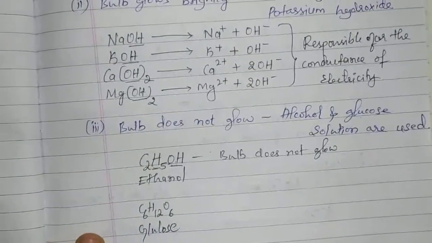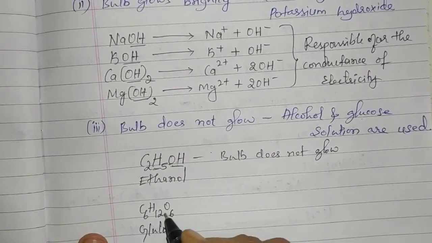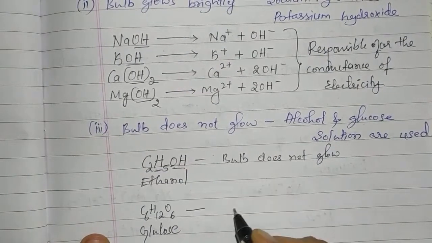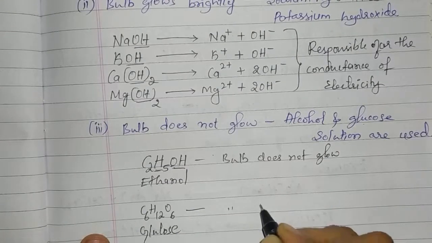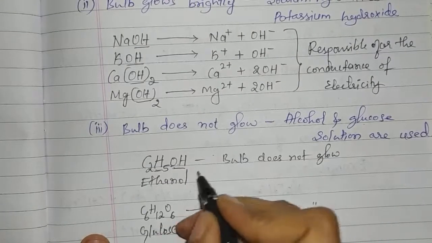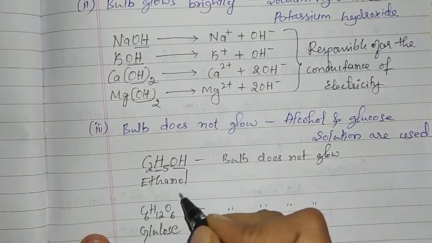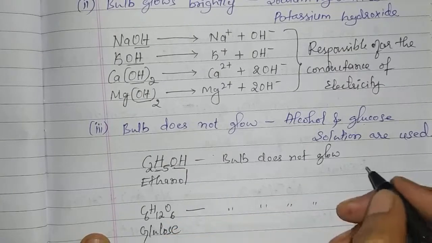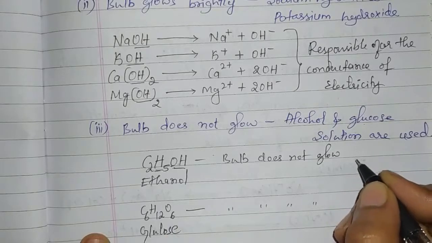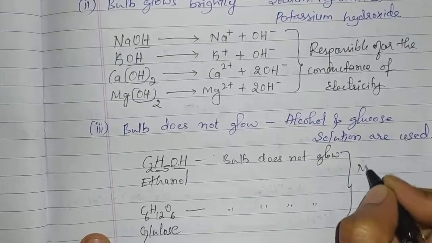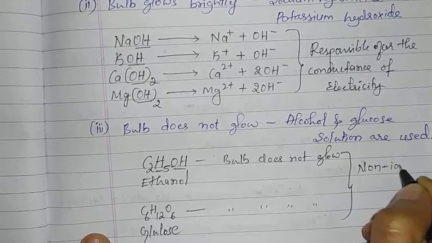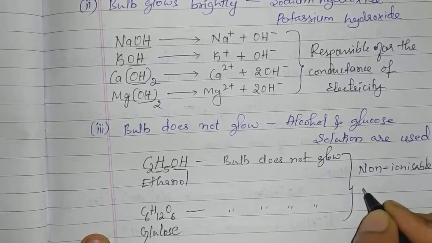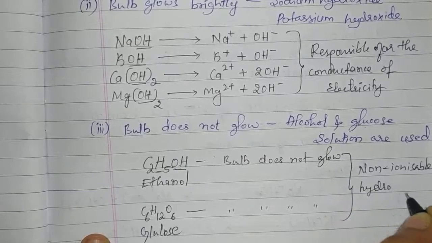Even when we repeat this activity with glucose, here also in glucose hydrogen atoms are there. Here also we will observe the same result, that is the bulb does not glow, because in these two cases, even though they have hydrogen, they are non-ionizable hydrogens.